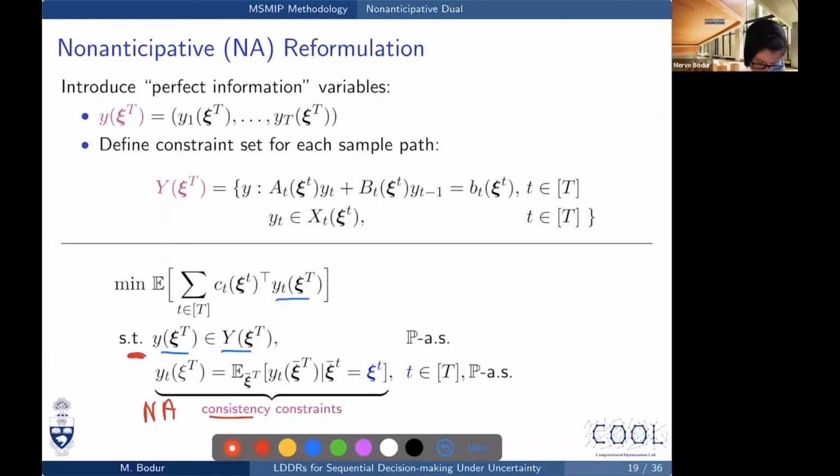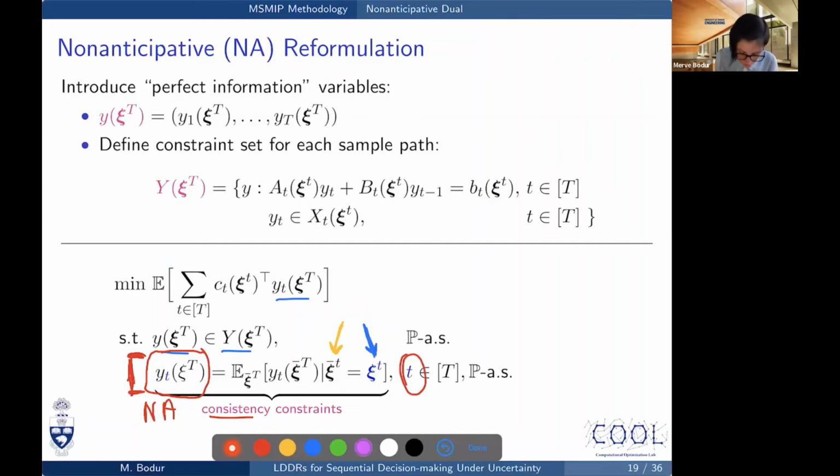So these constraints, what they're saying pretty much is, if you're at stage t, then if you're talking about this decision variable vector associated with stage t, then given the history, if this is the history that you observe, there could very well be some other scenarios that you are considering for the future, as long as the history is fixed to this psi superscript t, these decisions should be the same.